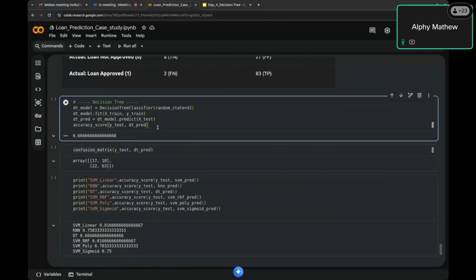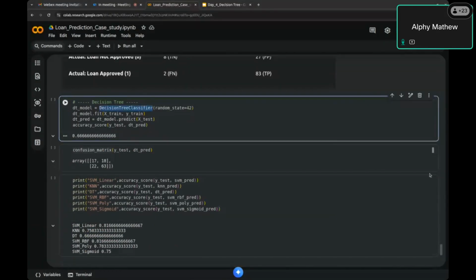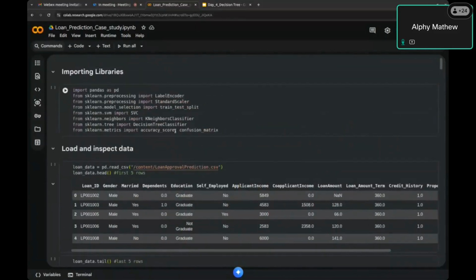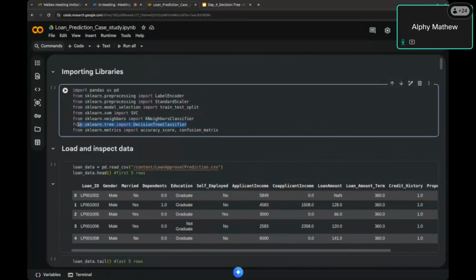As usual, I am using the pre-coded versions, and to use the decision tree we need to import the DecisionTreeClassifier. Look here: from sklearn.tree import DecisionTreeClassifier. So the entire algorithm is imported here.